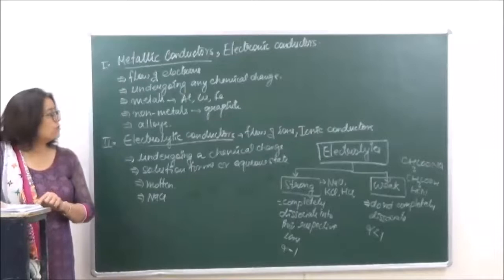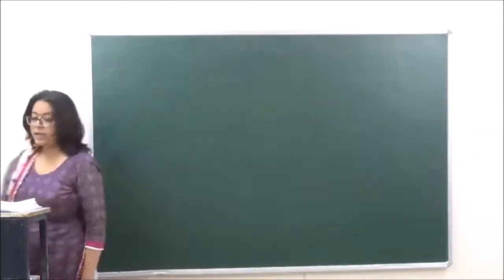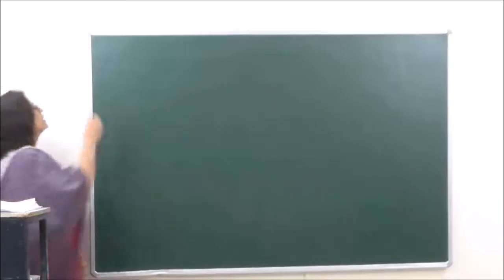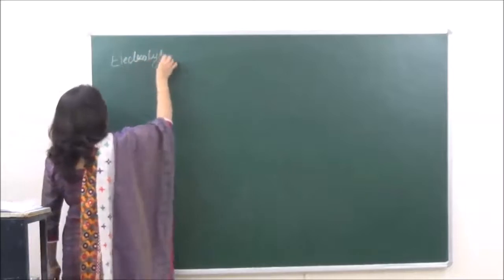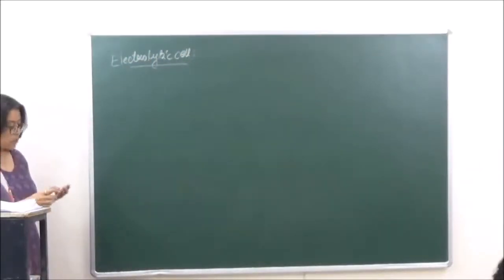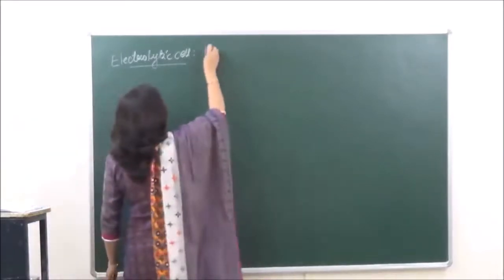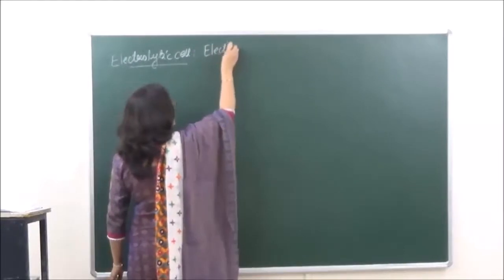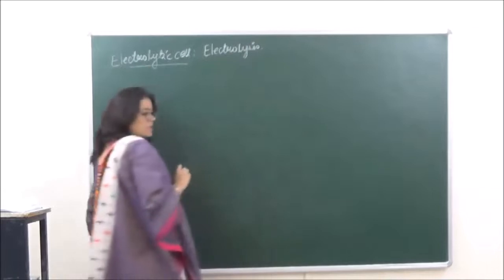We go on to the first type of cell, which is known as the electrolytic cell. Okay, so when we are talking of the electrolytic cell, the process which is taking place in the electrolytic cell is known as electrolysis.